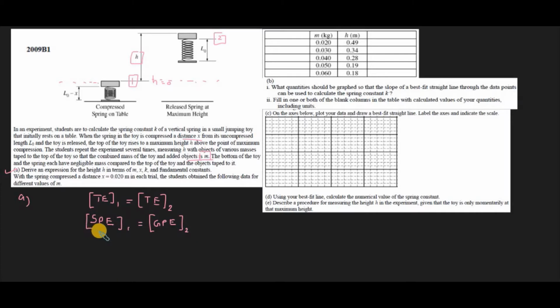Now the spring potential energy at point 1: the spring is compressed by distance x, so it is half into k into x squared. The gravitational potential energy, where the height raised is h and the combined mass of the system is m, is m into g into h.